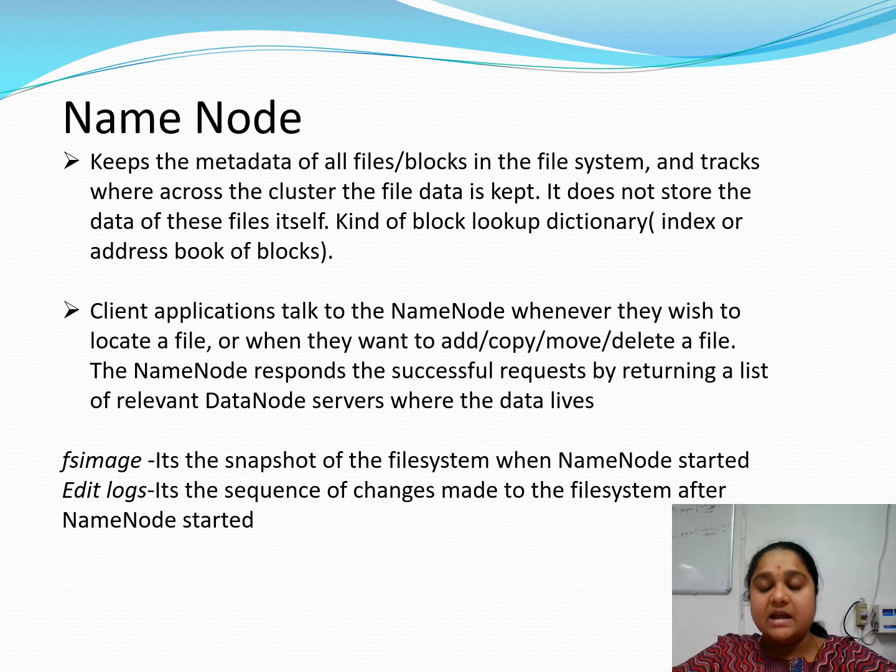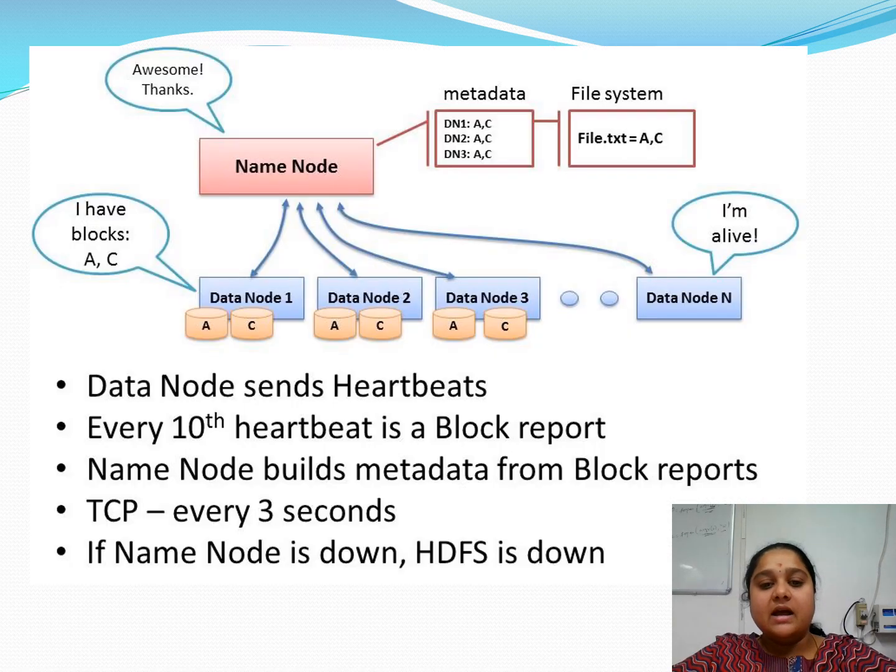The client talks only to the name node. Like in any administration, the client talks only to the HR manager. The HR manager will assign tasks to the juniors. So that is what happens in this name node.